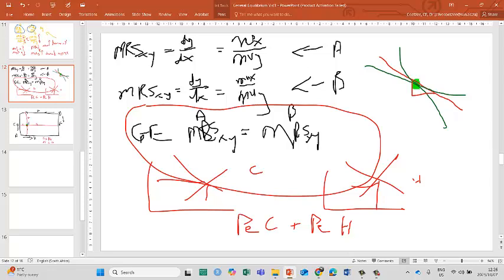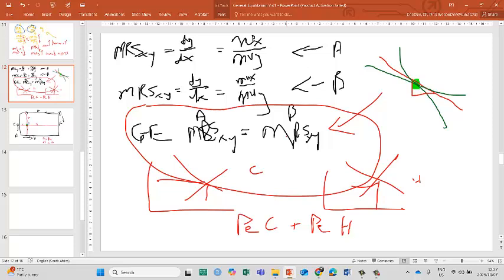Therefore, at that point, this satisfies this requirement. So when the indifference curve of person A and the indifference curve of person B are tangent, then we know that their marginal rates of substitution are exactly the same. And therefore, they're maximizing their utility given the set of resources they have or after they traded.